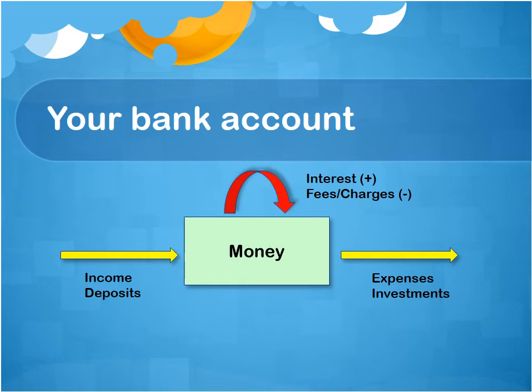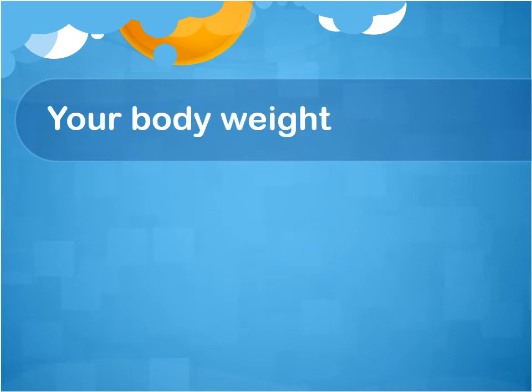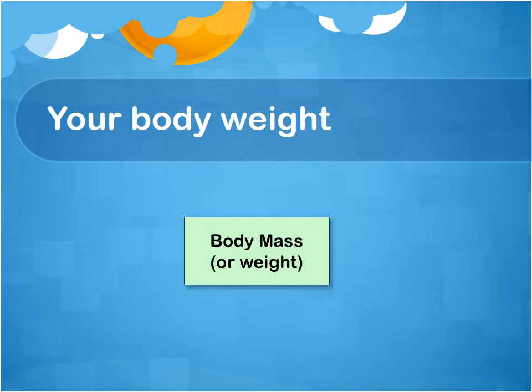In terms of this particular example, another simple one is your body. And the body weight is also another quantitative variable that you keep track of, and that is the body mass or your weight. Okay, now your body weight, again, not a static variable.